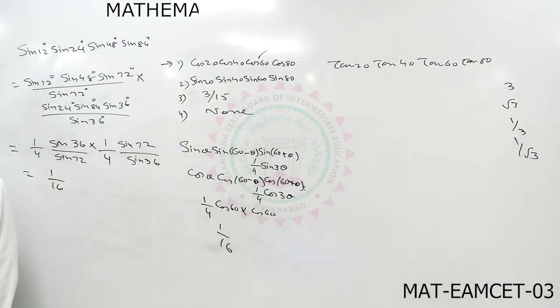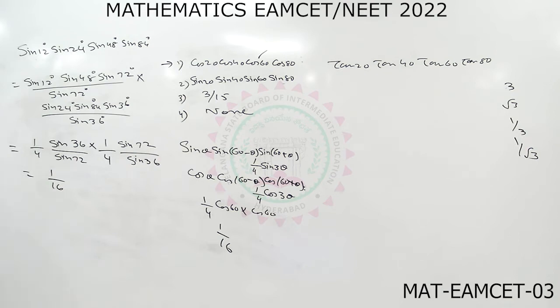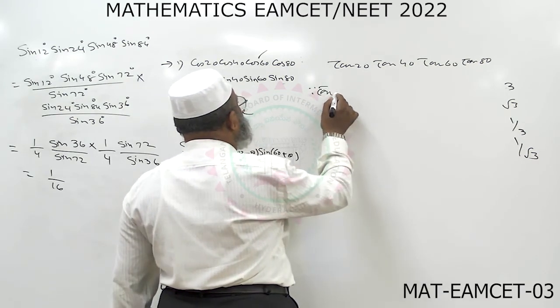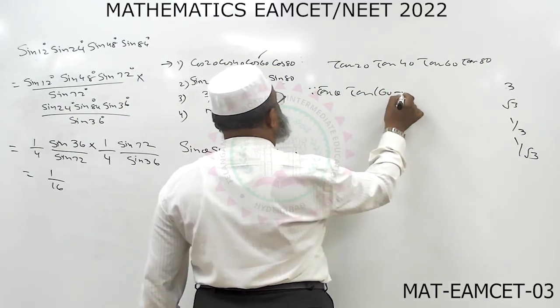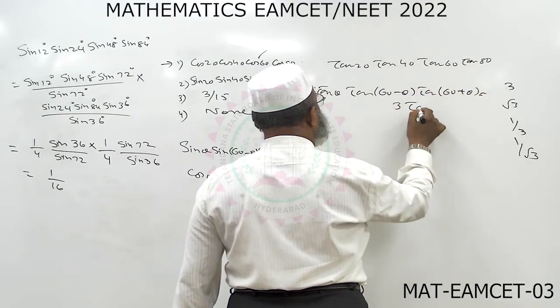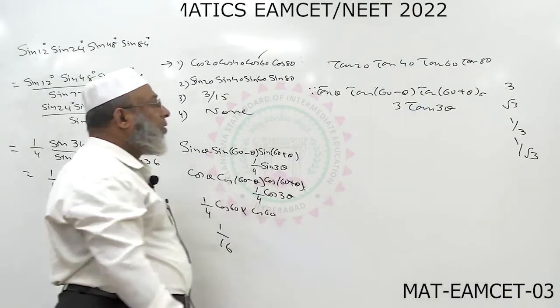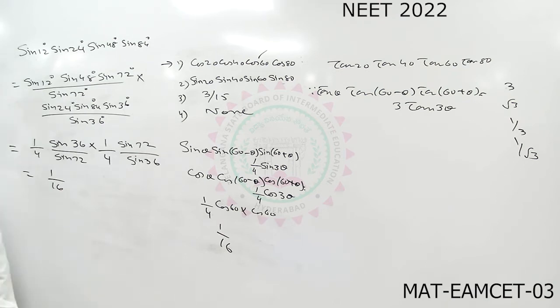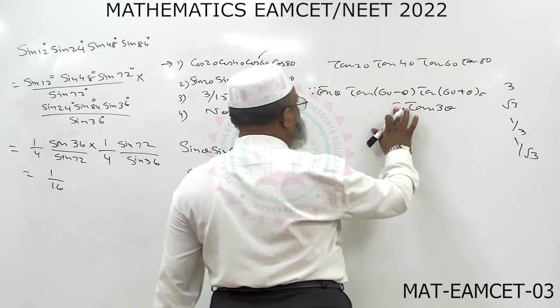Now, here also, if you compare the given problem with the standard form, you may note down that I have given one formula, that is tan theta, tan 60 minus theta, tan 60 plus theta. This formula I have given to you, that is tan theta into tan of 60 minus theta into tan of 60 plus theta is equal to tan 3 theta.